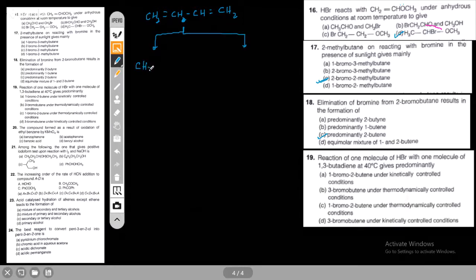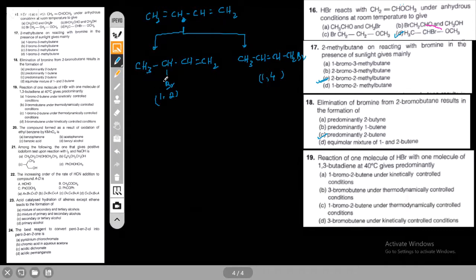One is CH3 CHBr CH double bond CH2, and the other one is CH3 CH double bond CH single bond CH2Br. This is the 1,4 addition product, and this is the 1,2 addition product.